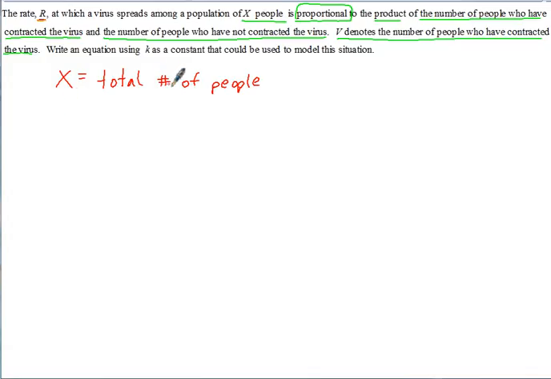Not just hashtag. That's total number of people. And then we've also got V, the number of people who have contracted the virus.